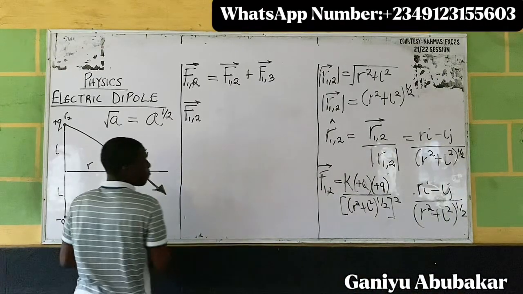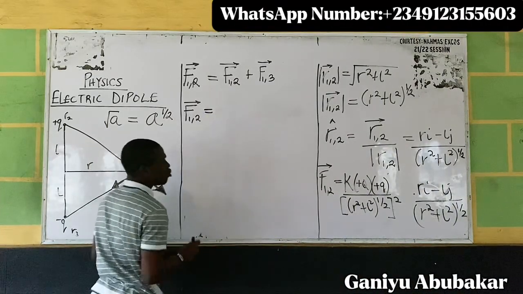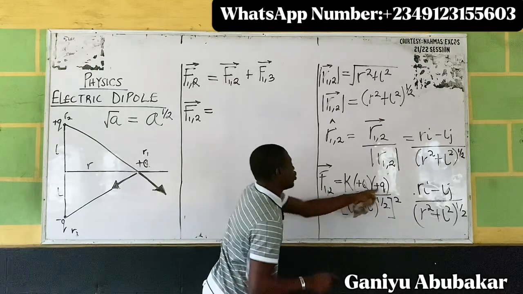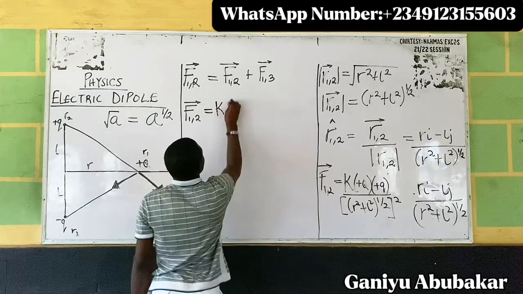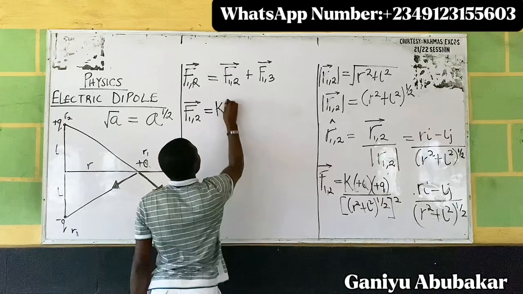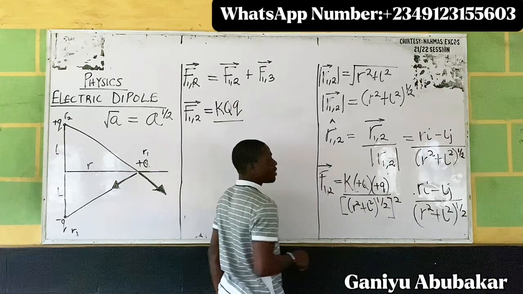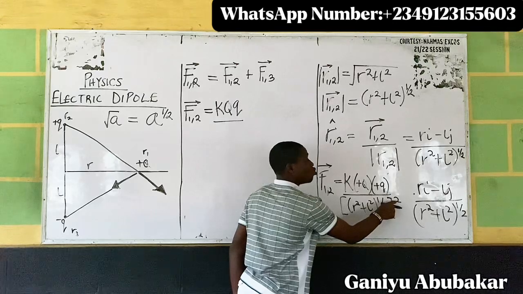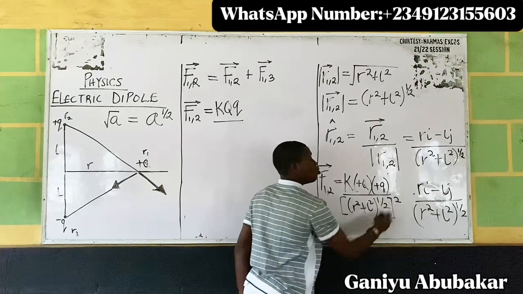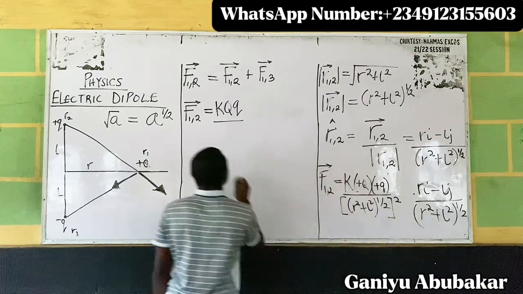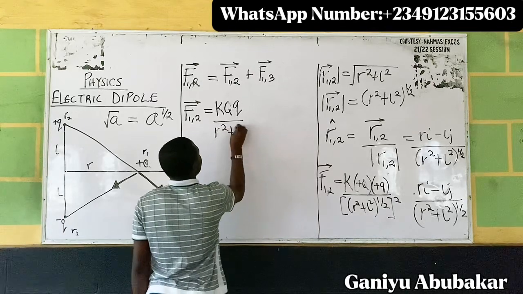Simplifying further, f12 will be equal to kqqq all over, now observe, half times 2, that becomes r squared plus l squared.